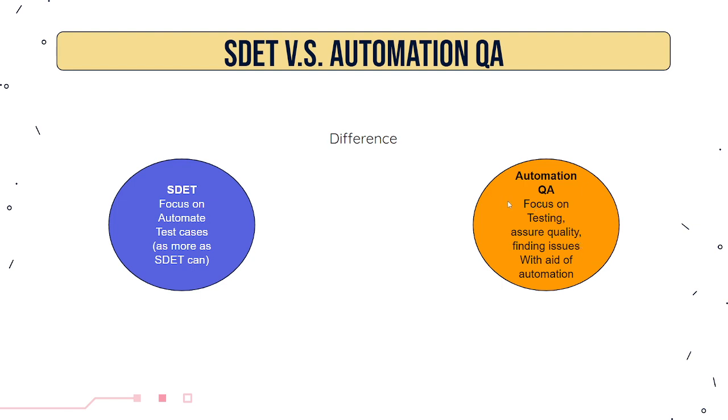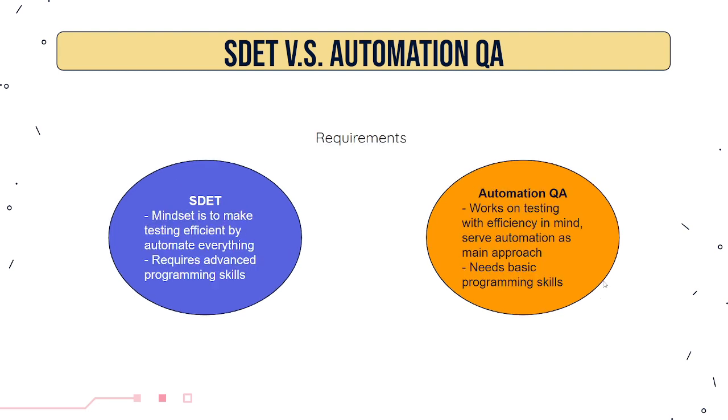So I think the difference is mainly in the focus. Their goal, their focus, their main value is different. One is focusing on the tool itself, and the other is focusing on the test itself.